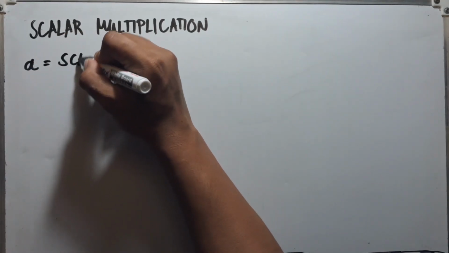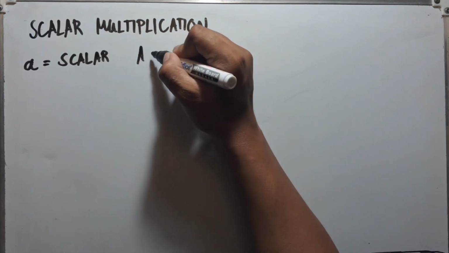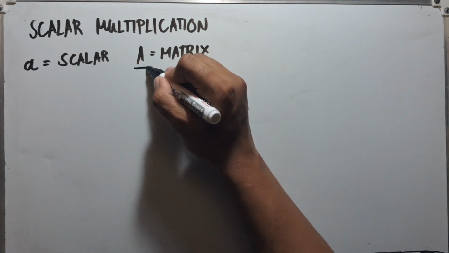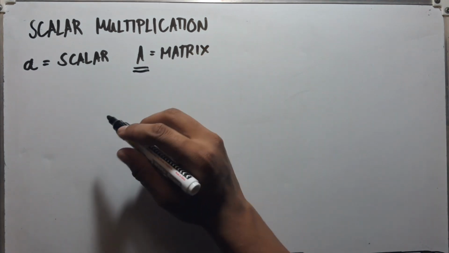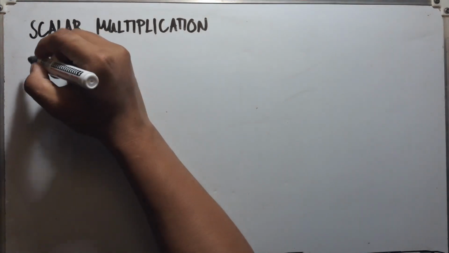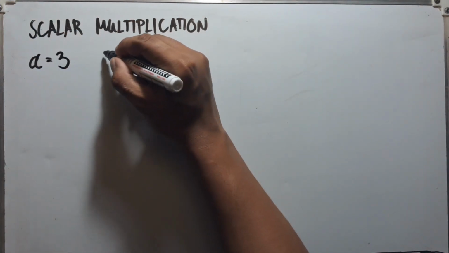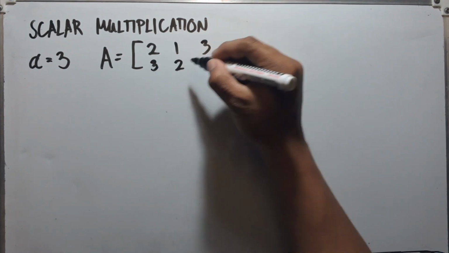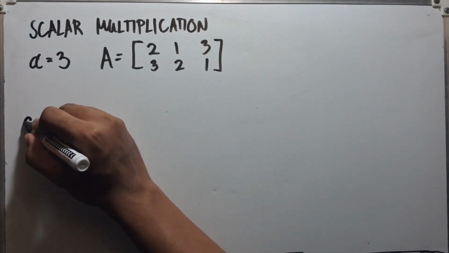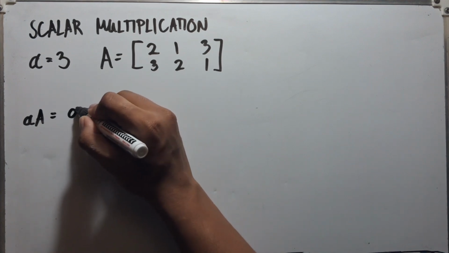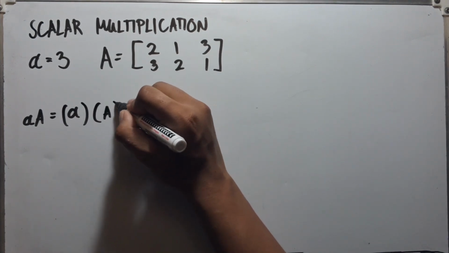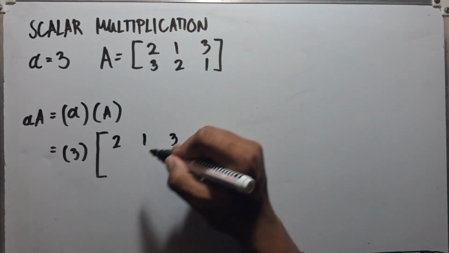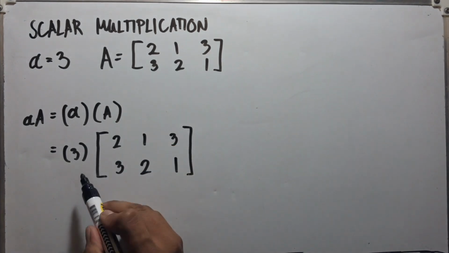In scalar multiplication, we will use this symbol as the scalar and the A as the matrix. It really depends on you what letter you use for that. For example, we'll have a scalar of 3 and matrix A is equal to 2, 1, 3, 3, 2, 1. The scalar is multiplied to the matrix, so just substitute 3 and the matrix 2, 1, 3, 3, 2, 1.